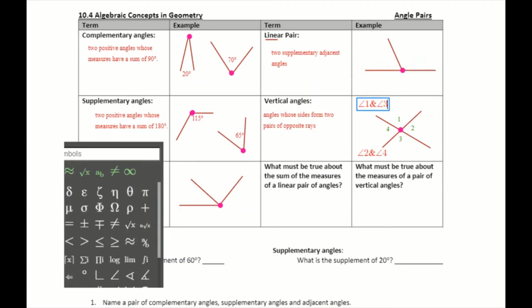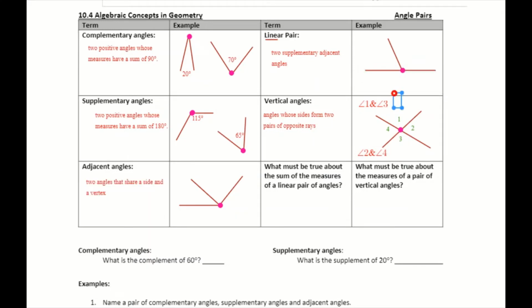Okay, so angle 1 and angle 3 are vertical angles, and so are 2 and 4.